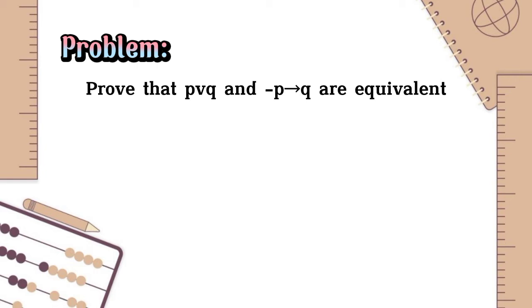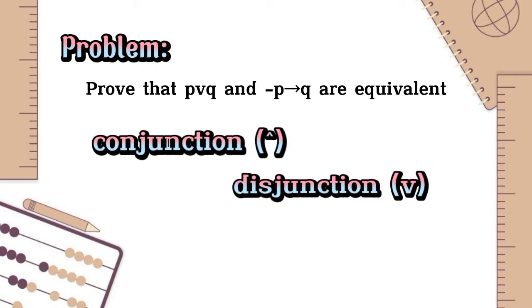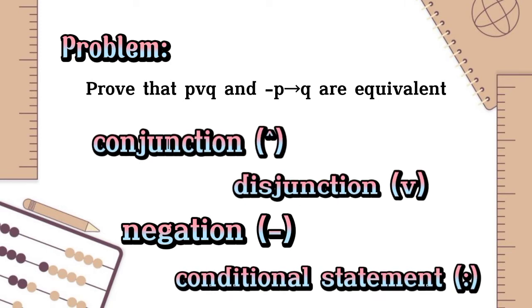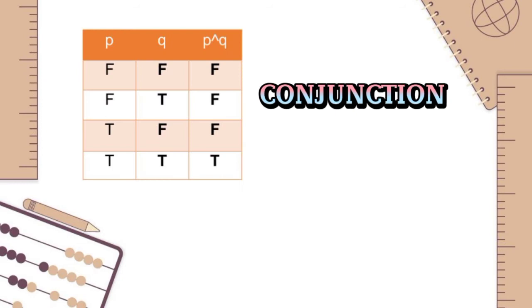So for now, I will give you the truth tables for conjunction, disjunction, negation, and conditional statement. For the truth table for conjunction, we have three columns because the formula is 2 raised to the power of n.